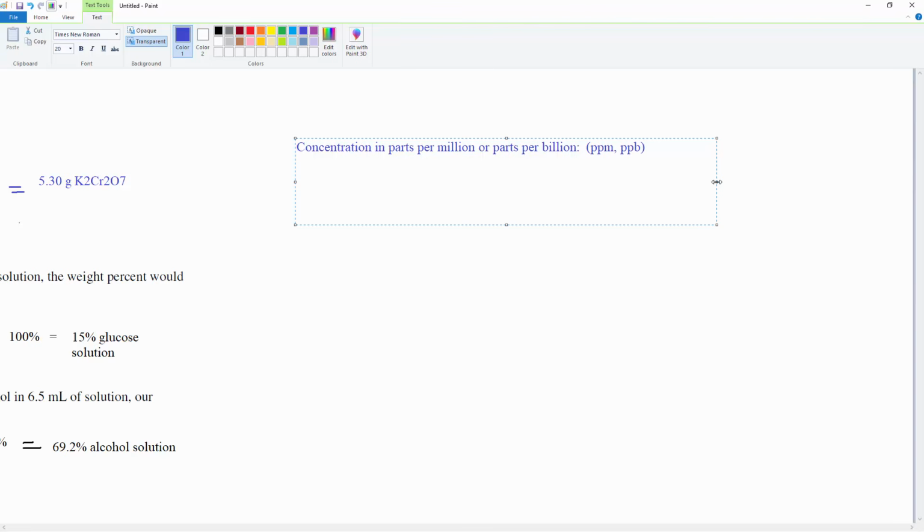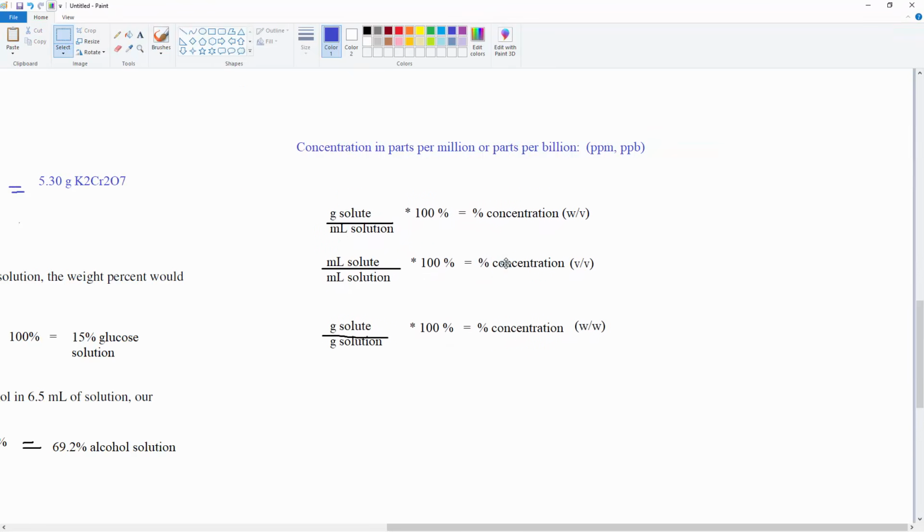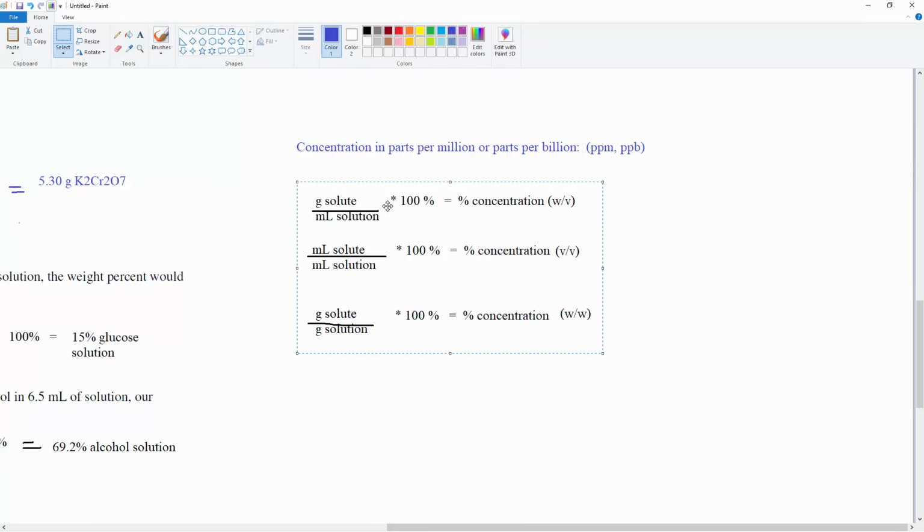The same process works for parts per trillion. Previously, if I multiply by 100%, that gives you parts per 100. Percent means per 100. So to get the percent, the per 100, I multiplied by 100. To get the per million, instead of multiplying by 100, I'm going to multiply by, can you guess?